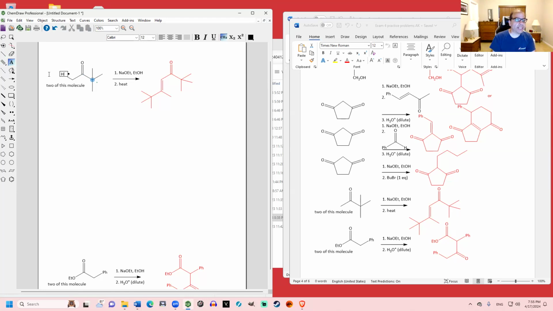You could even do a directed aldol with LDA. So the ethoxide deprotonates alpha to the carbonyl.